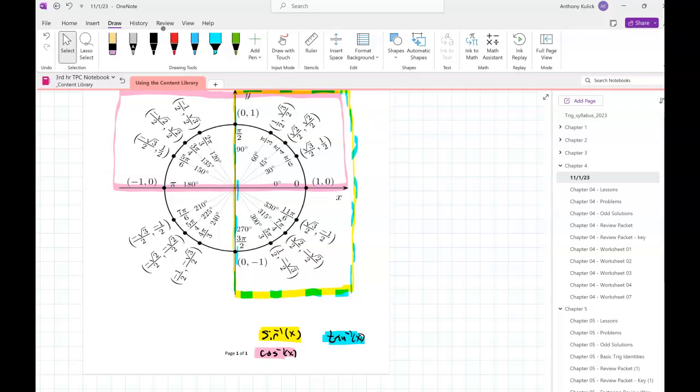You could just write down next to it Q1 and 2, Q1 and 4, right? If you don't have a highlighter, that's okay. You know what I'm saying? You could do that instead.